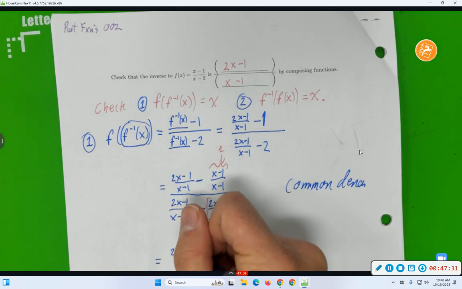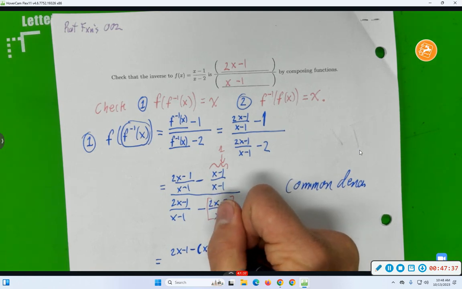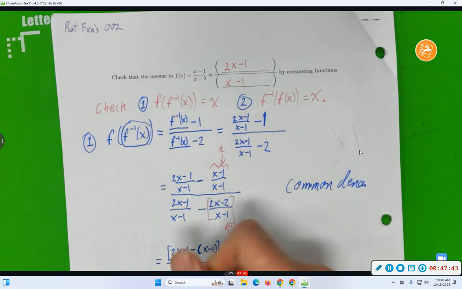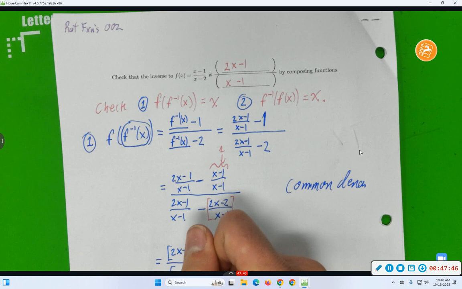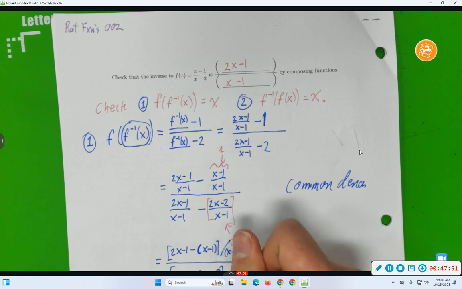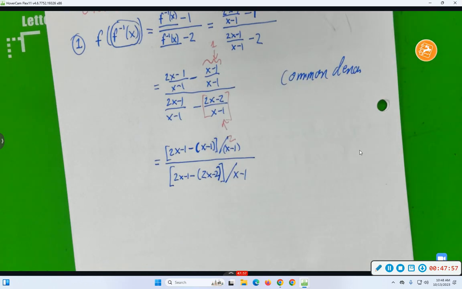This becomes 2x minus 1 minus, and being careful with parentheses because I need to subtract all of x minus 1, all that divided by x minus 1, all over 2x minus 1 minus 2x minus 2, all over x minus 1. Do I have those fractions correctly? Or subtract, as it were? Whenever you add or subtract fractions with a common denominator, they both just get the same denominator, and you add or subtract the numerators.